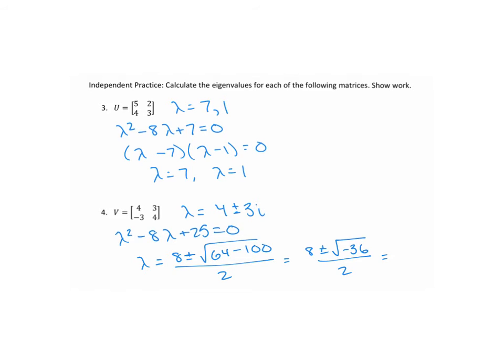The square root of negative 36 is 6i, and it's going to simplify. 8 over 2 is 4, 6 over 2 is 3. Okay, so if you didn't get those, try again. Otherwise, you can move on.